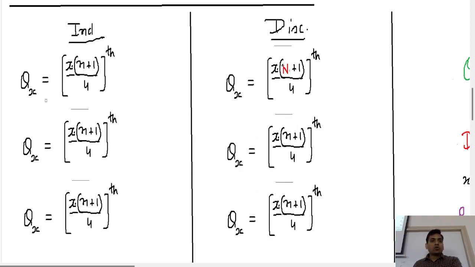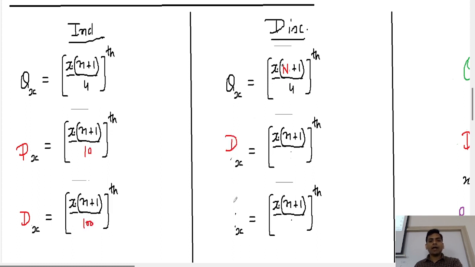Okay, so to find deciles, we will write D. To find percentiles, we will write P. And this is divided by 10, and this is divided by 100. So these are 10 and 100 for calculation of deciles and percentiles. This is Dx, divided by 10, and this is Px, divided by 100.